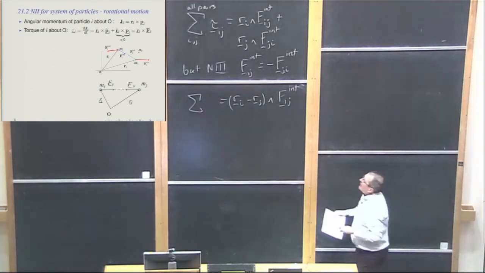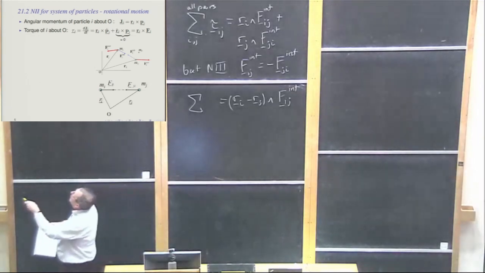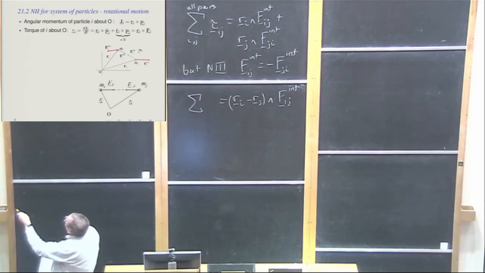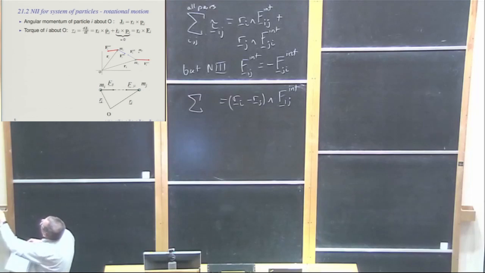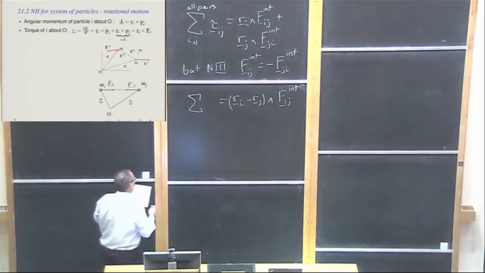Now we look at this, Ri minus Rj gives you a vector going directly from Mi to Mj, and that vector is entirely parallel and indeed coincident with the line of force between the two particles.